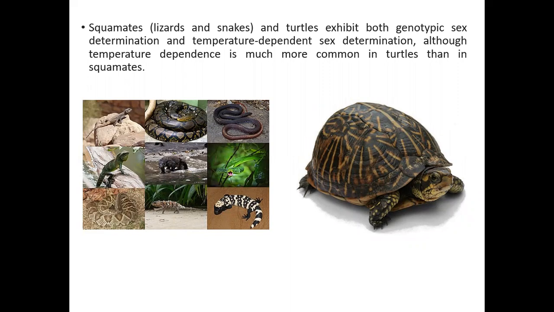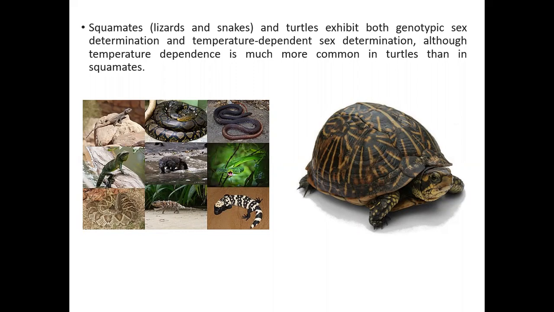High temperature leads to faster growth, shorter incubation periods, and larger juvenile size, and hence a larger adult size also. So as an adaptation, it has been observed that the sex which develops at a high temperature is larger in body size, exhibiting sexual dimorphism.